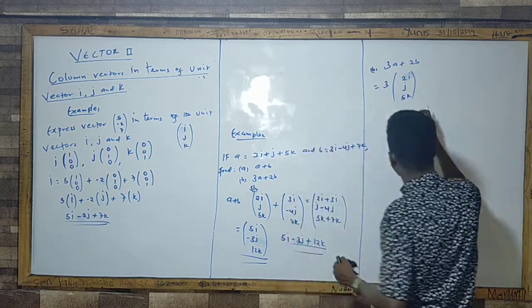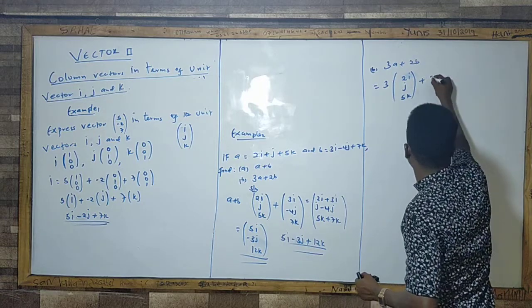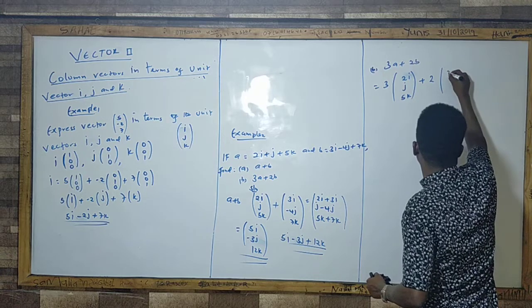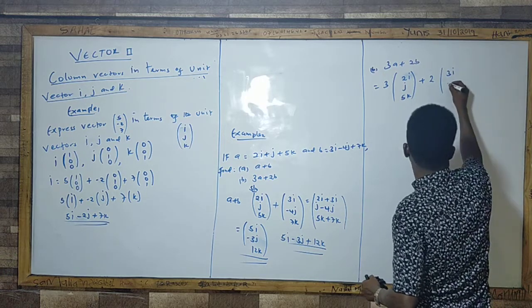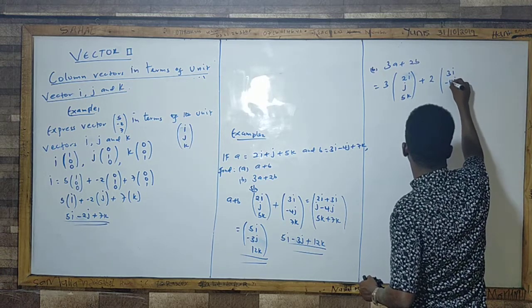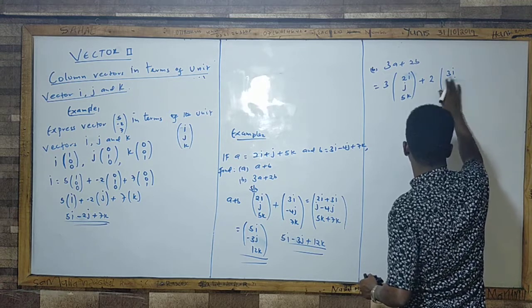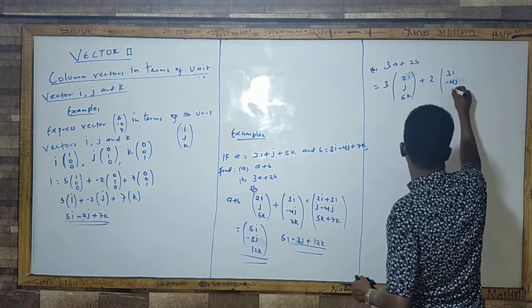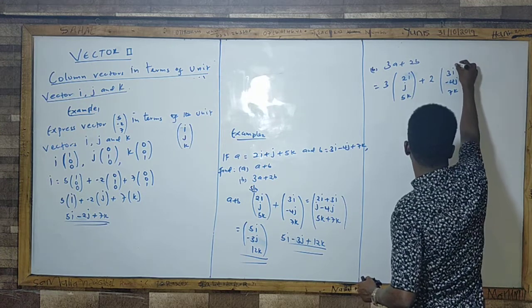Okay? 3a plus 2, open the bracket, b. Our b is what? 3i minus 4j, then down here we have 7k.